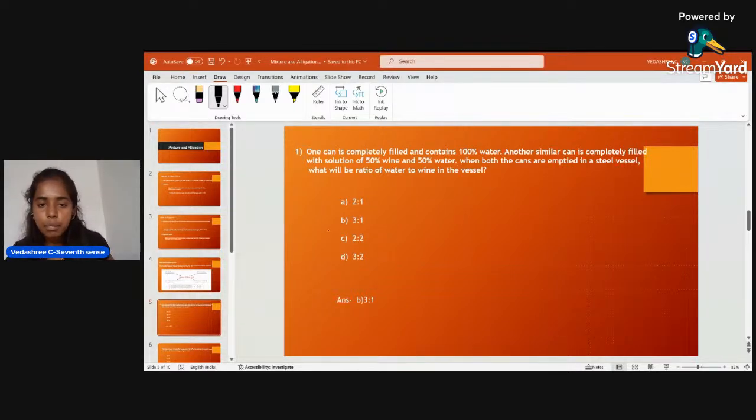One can is completely filled and contains 100% water. Another similar can is completely filled with a solution of 50% wine and 50% water. So here we know that two cans are of similar quantity.